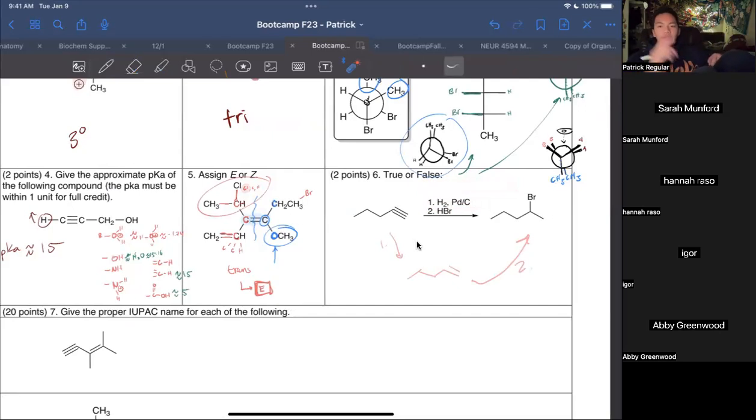Because if you only reduce one of those pi bonds, then you would get the alkene, and then you would proceed. But because H2, Pd-C reduces everything, this would be false. Because the true product would just be this. It would just be that.